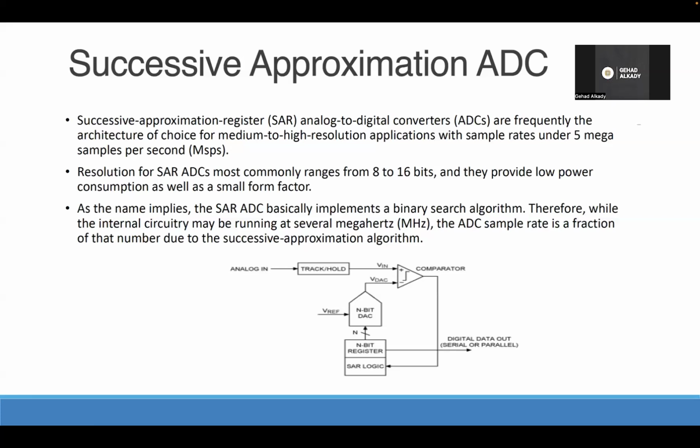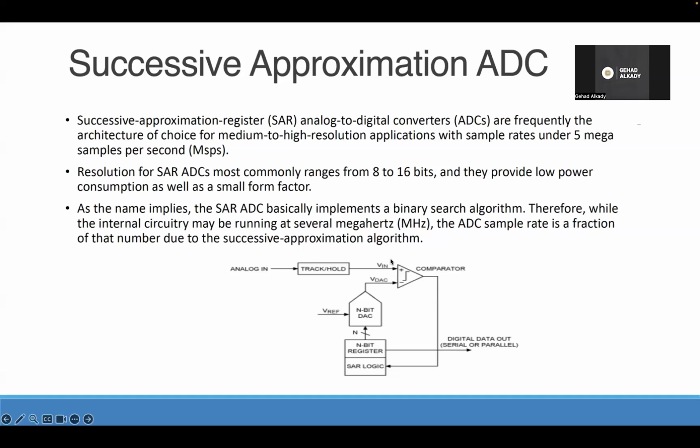So the value we are comparing our Vin with, which is the VDAC, will change to be Vref over 2, which is the minimum voltage of our range, and Vref is the maximum voltage.